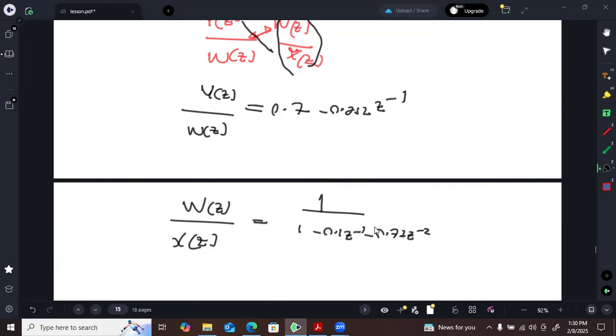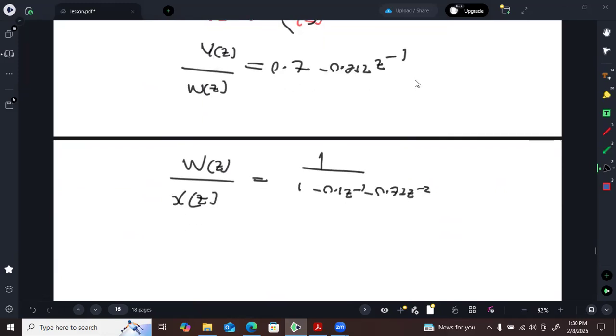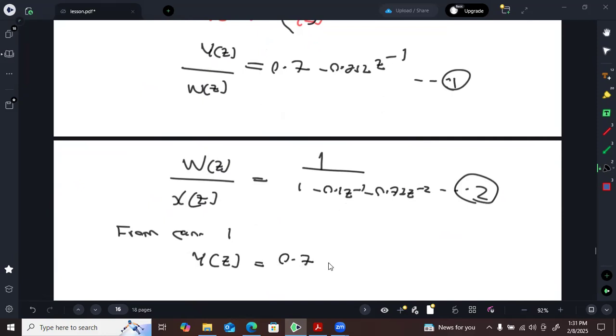And you can see here from this, this one is equation 1, or this one is equation 2. So from equation 1, I have y of z equal to, just cross multiply, 0.7 minus 0.252 z minus 2 into wz.